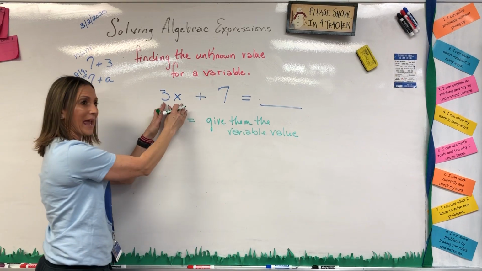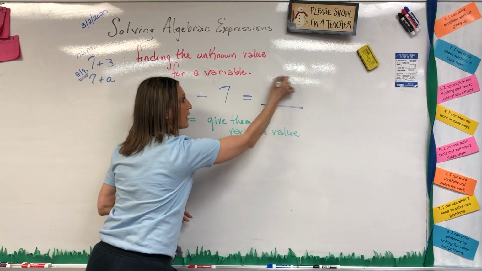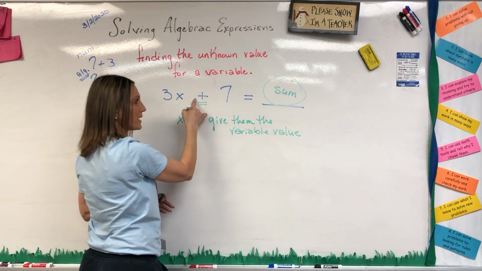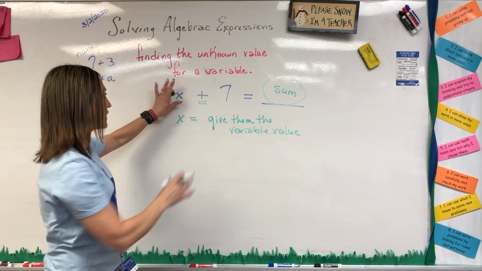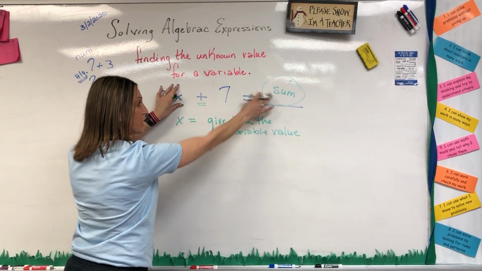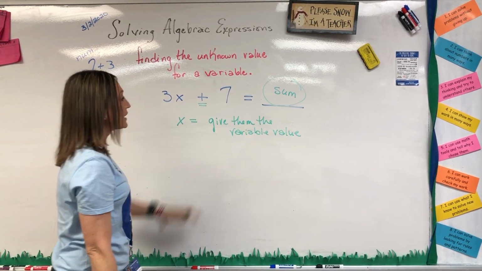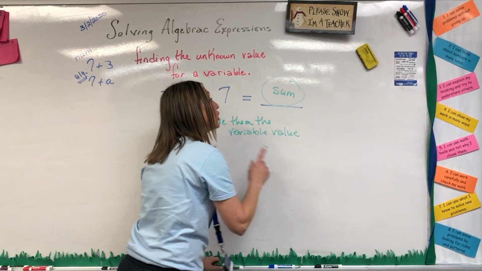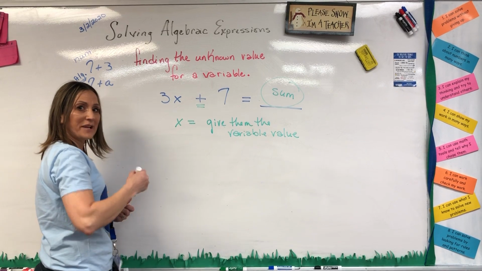I can give them what x is, and they can solve it and give me the sum. Why is it a sum? Because my operation sign tells me that my final solution is going to be a sum. So I can solve it by giving them what x is, or I could give them what the sum is already.